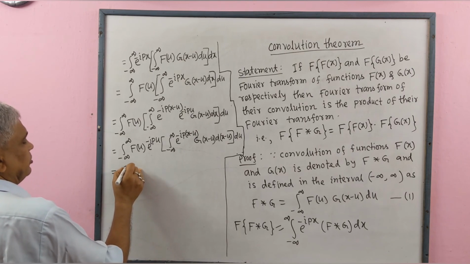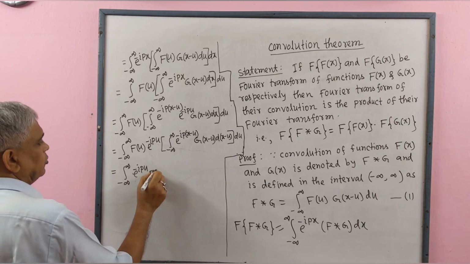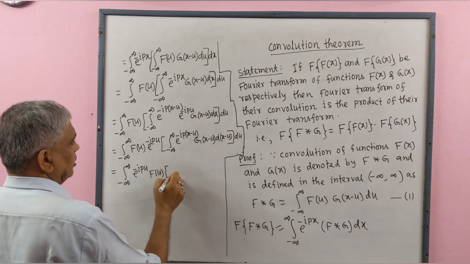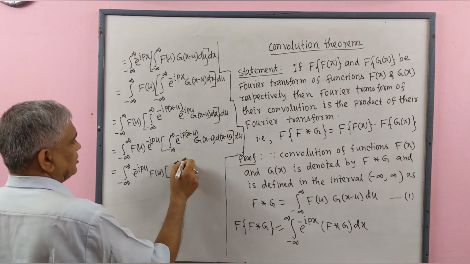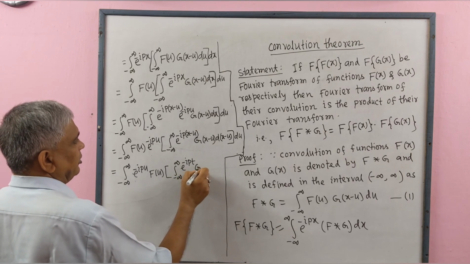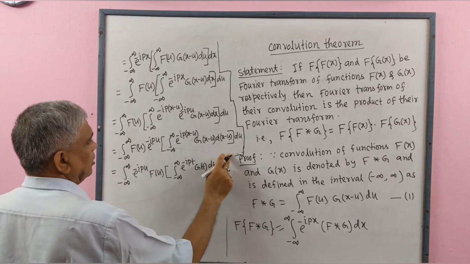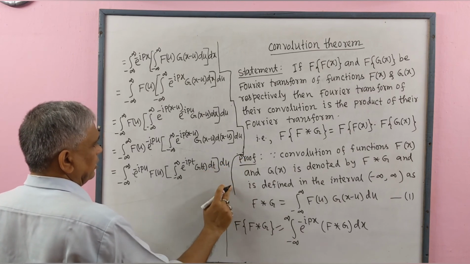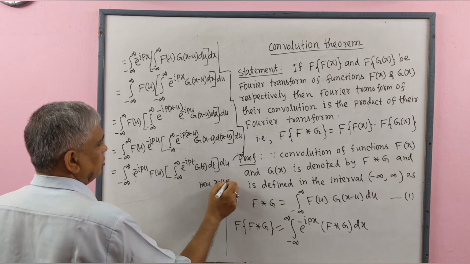Equal to the integration from minus infinity to infinity of e to the power minus ipu f(u), and this will be the integration from minus infinity to infinity of e to the power minus ipt, if we write x minus u equal to t, and this will be g(t), and this will be dt, outside du. Here x minus u equal to t.